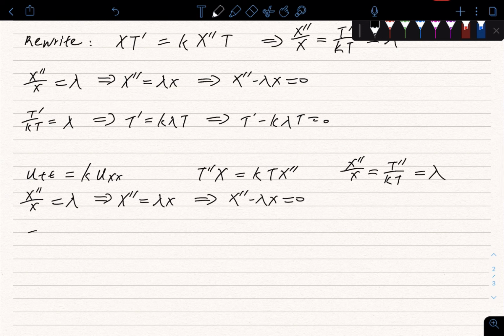T double prime over kT equals lambda. That will give us T double prime equals k lambda T. So that will give us T double prime minus k lambda T equals 0.